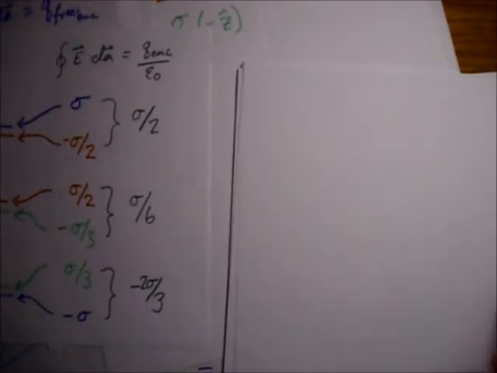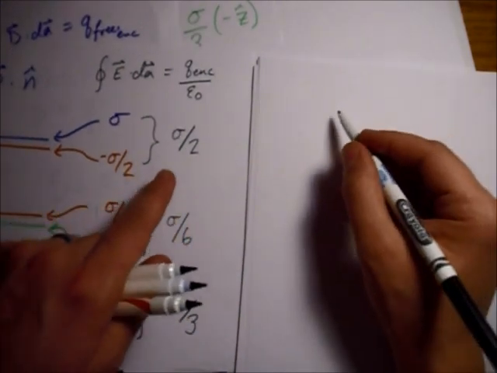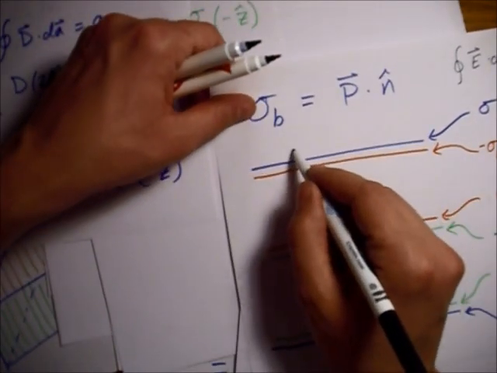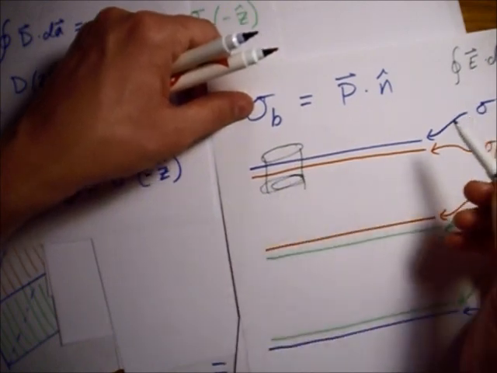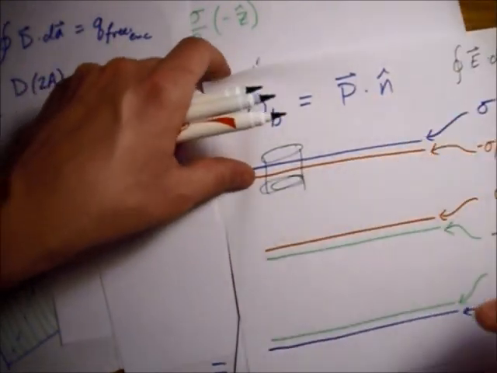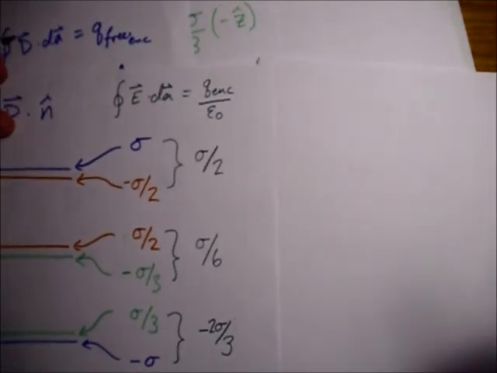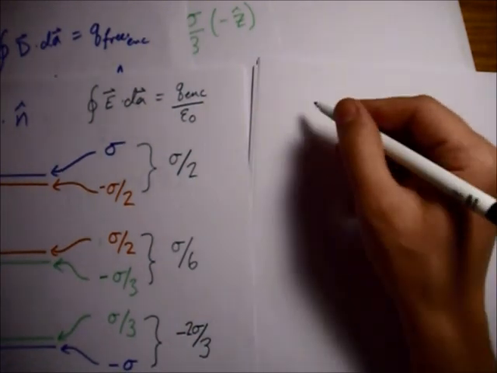Looking at first this piece. Say we take a little Gaussian pillbox here, and we squeeze it down right at the interface. The surface integral will then just be the area of the 2 faces.